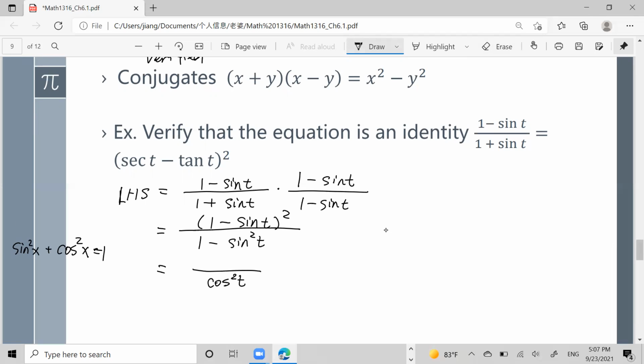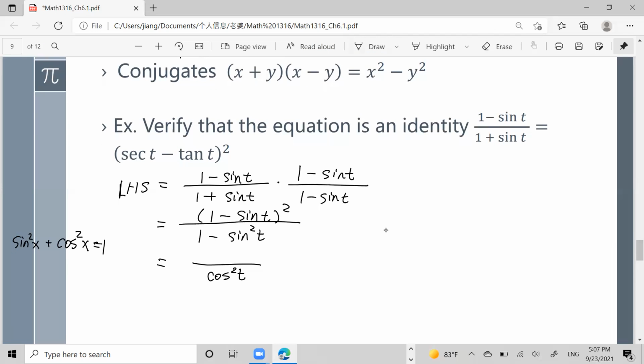So 1 minus sine t squared is cosine t squared. Okay, the top one is 1 minus sine t. We're almost there. Why? Because the top one and the bottom one both have squares, I can pull the square outside.